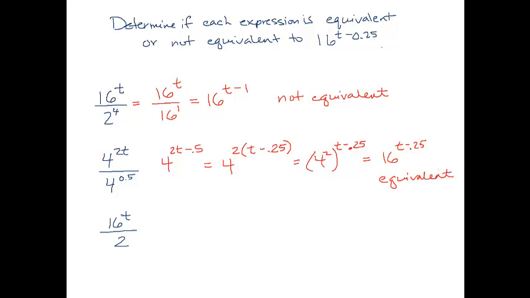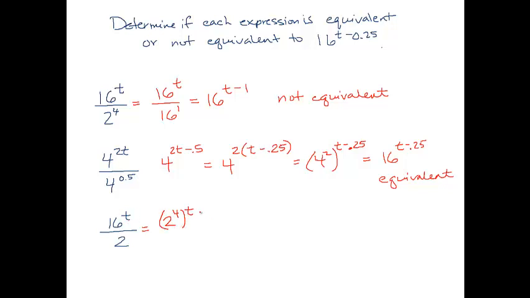All right, for our last one, right now we have a 16 as the base and a 2 as the base. So we can't do our division trick here where we're subtracting exponents. So we might want to do a little change of base. What if we took this 16 and we wrote it as a base of 2, right? We could do that because 16 is really a 2 raised to the 4th power.